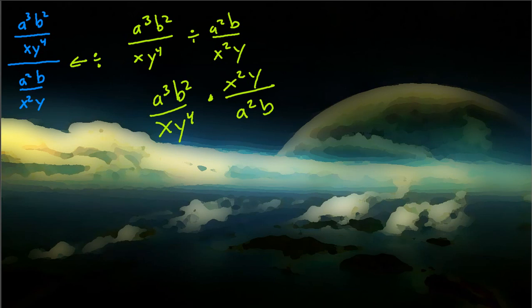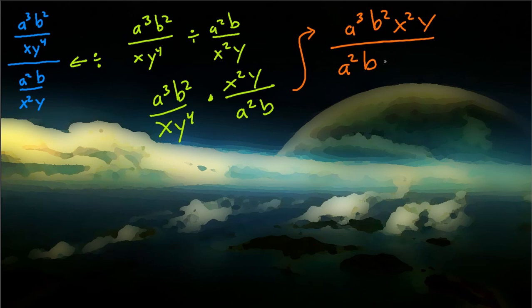Top times top, bottom times bottom, and that is going to give me, I'll write it right here just because I have the room, a cubed, b squared, x squared, y. I'm going to put them in alphabetical order.